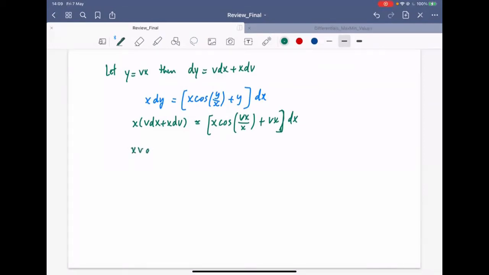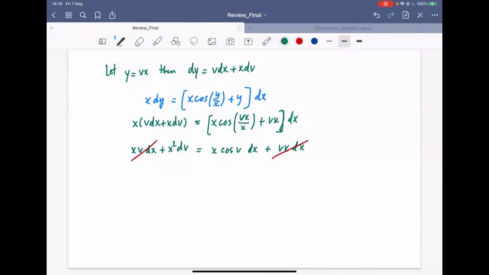We have xv dx plus x squared dv, and then here we have x cosine v dx, and then plus vx dx. Yes, this thing cancels out, right? You have the same term. Even if you don't have something to cancel out, you can group everything in terms of v to one side, everything in terms of x to another side, and that would be the way you solve this problem.